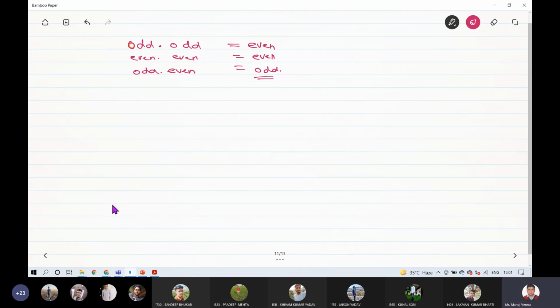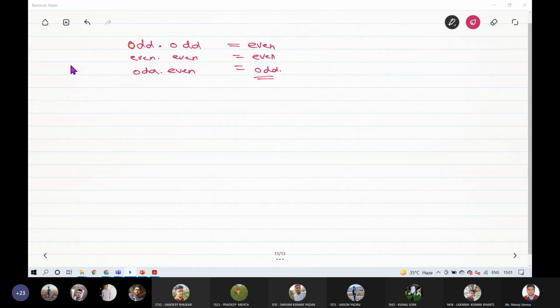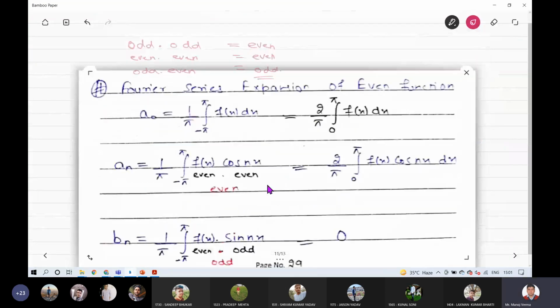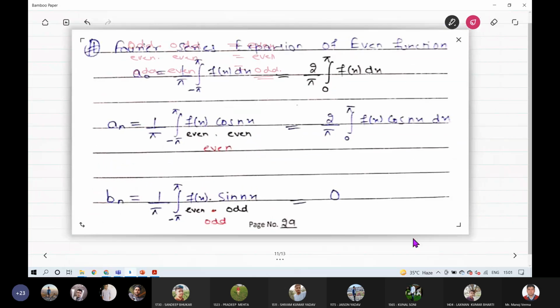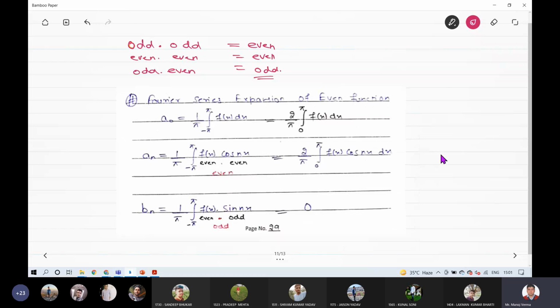So based on the properties which we have discussed for even and odd functions, I can say that for an even function, the Fourier series expansion or Fourier coefficients will be something like this. a naught is equal to, instead of from minus pi to pi, I can simply write 0 to pi and twice of the integral.